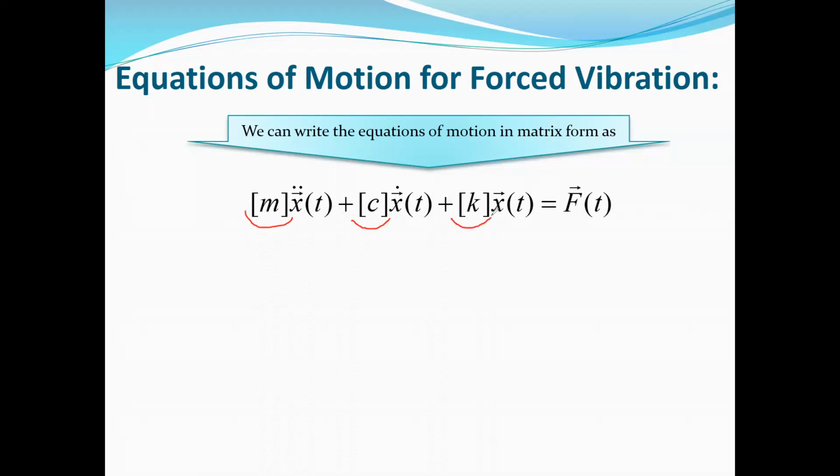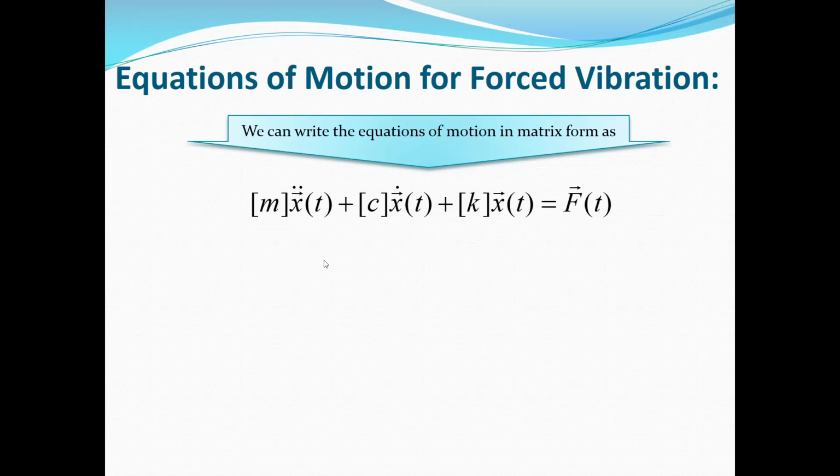And instead of the stiffness k, we have the stiffness matrix. And instead of x, we have the vector x, and the vector F, which is the external force. So we can write the equation of motion in matrix and vector form.